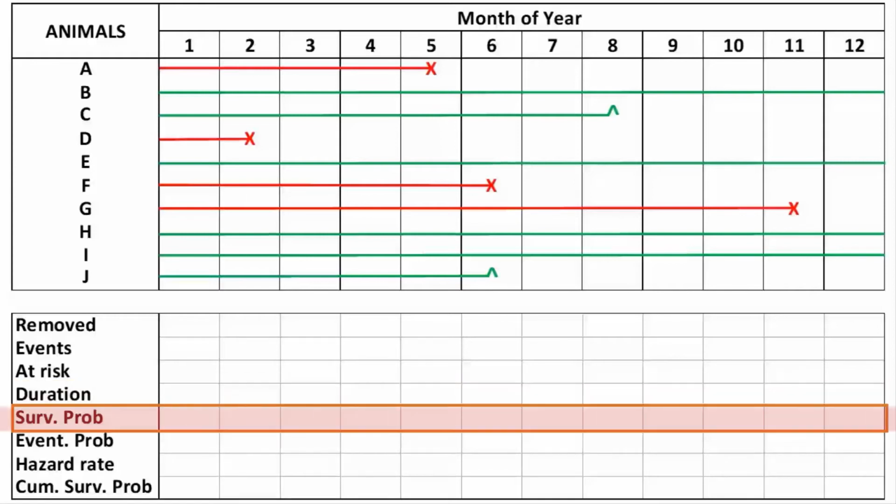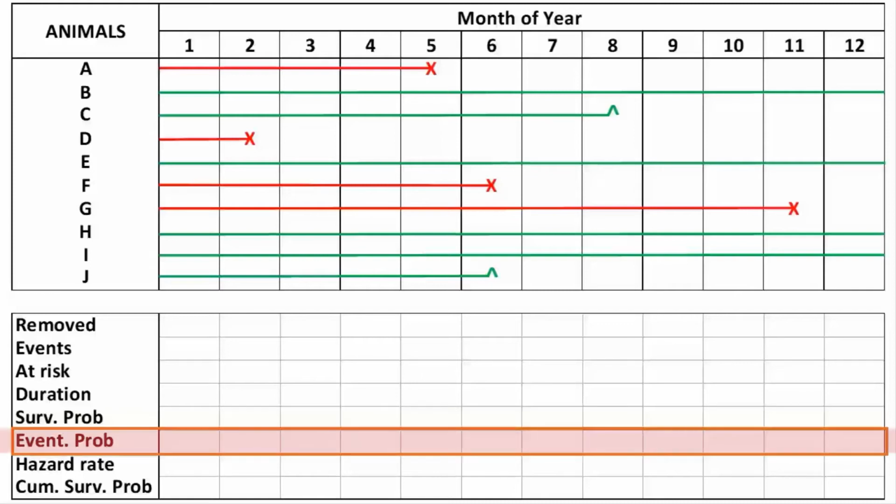The survival probability uses the event row as a numerator and the at-risk row as a denominator for its calculation. So during a particular month, we have a conditional survival probability calculated between events above the animals at risk, and that's the probability of survival.